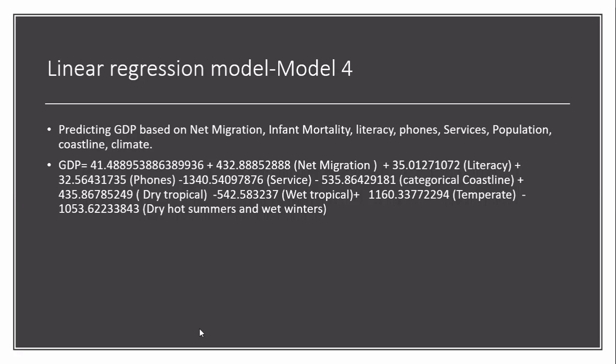After that, we built a model based on these factors, and that model was not so successful because we got a variability of about 60%.